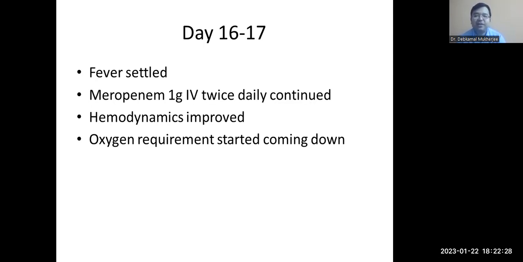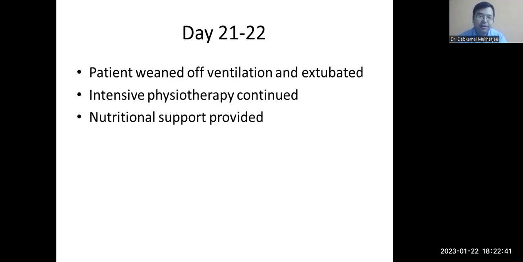His fever gradually settled down, his hemodynamics improved, his vasopressor requirement gradually came down, and his oxygen requirement also slowly came down. On day 21, 22, this patient could be weaned off ventilation and he was extubated.